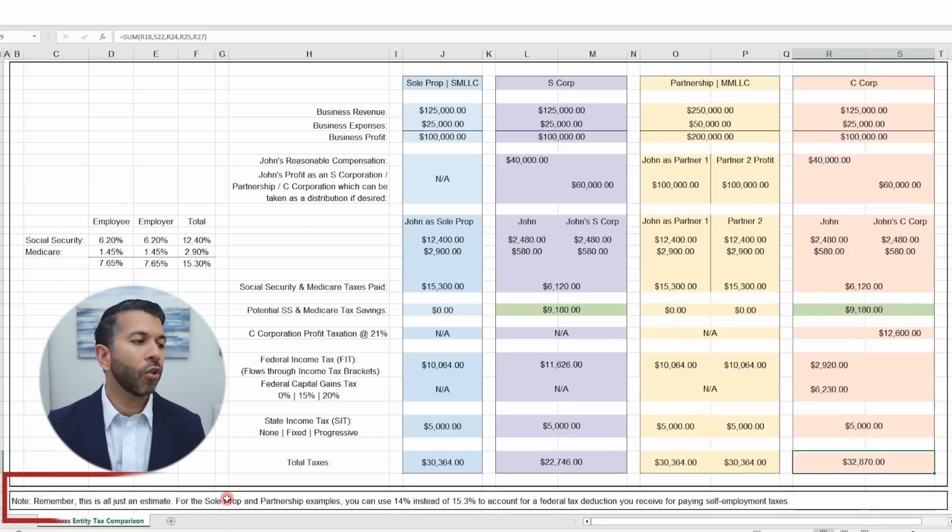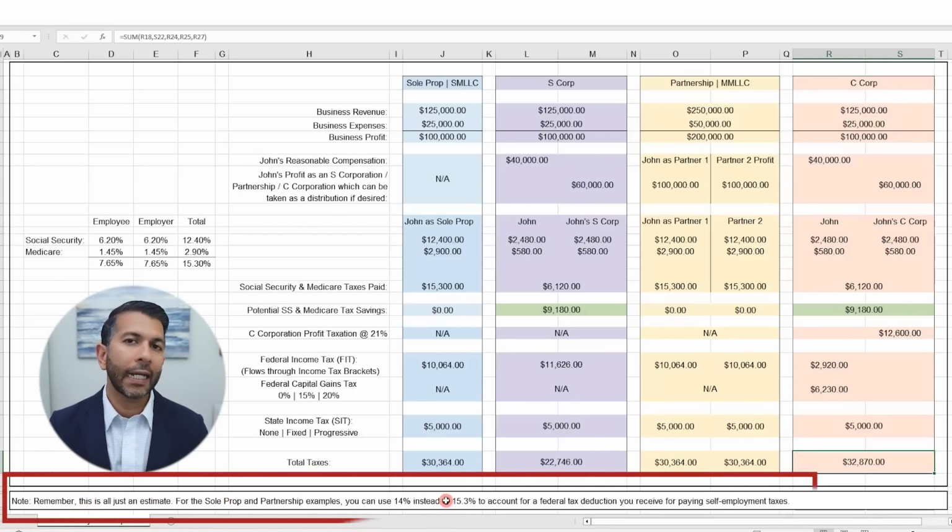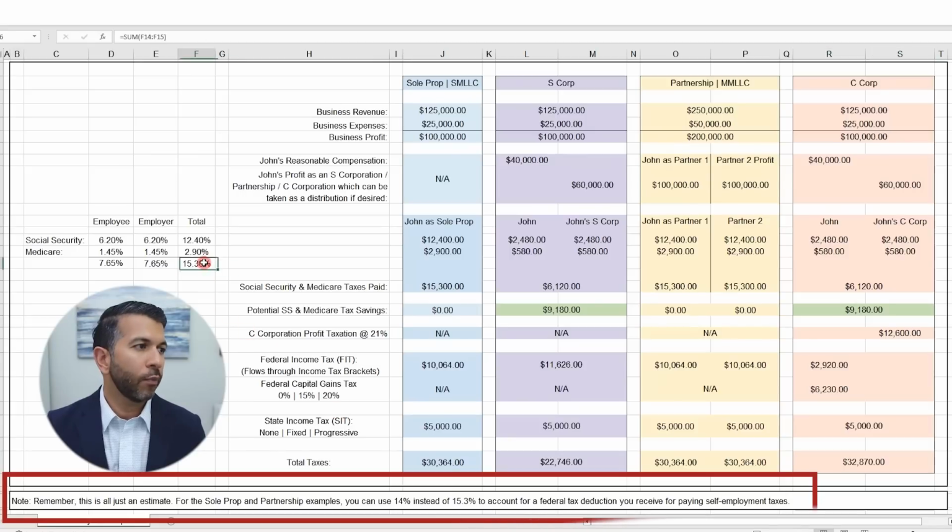Okay, so in a moment here, I'm going to show you a tool that you can use to recreate all these numbers for yourself, because your numbers are likely going to be different. So before I do that though, let me just read this note. It says here, remember, this is all just an estimate. For the sole proprietor and partnership examples, if you really wanted to dial in the number, instead of doing 15.3% here, you would multiply this by 14%.